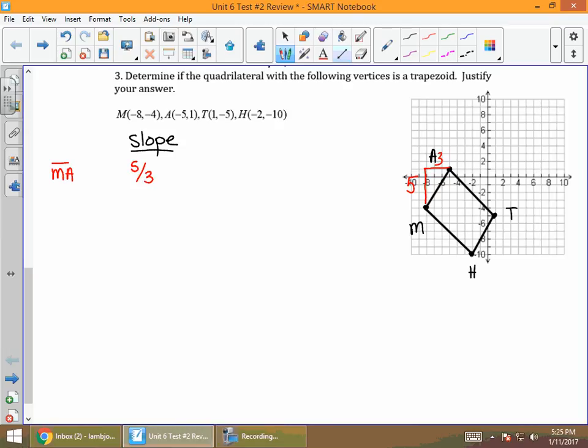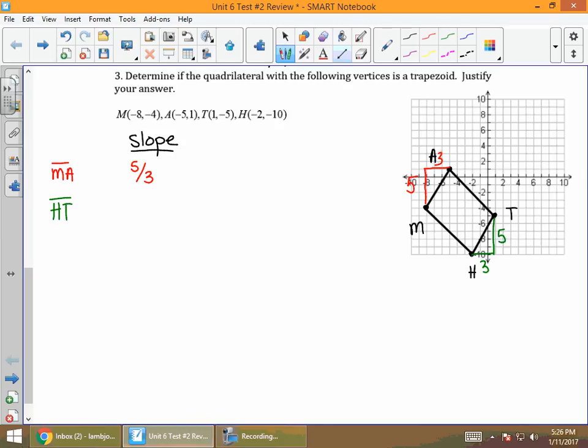All right. If there were a side that's going to be parallel to MA, it's going to be the side that is opposite of MA, which is going to be TH, right, or HT. So I'm going to go look at HT now. And I'm going to make my right triangle. I'm going over and I'm going up. So I'm going over 1, 2, 3, and I'm going up 1, 2, 3, 4, 5.